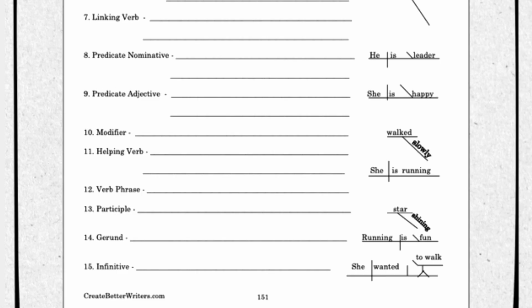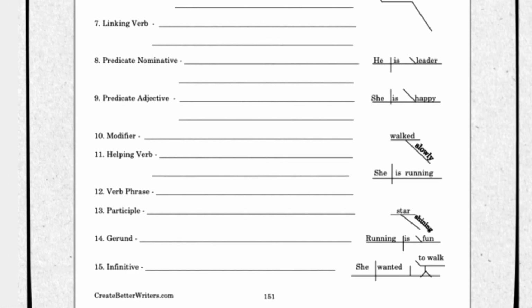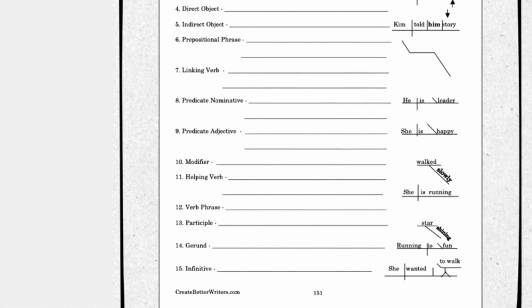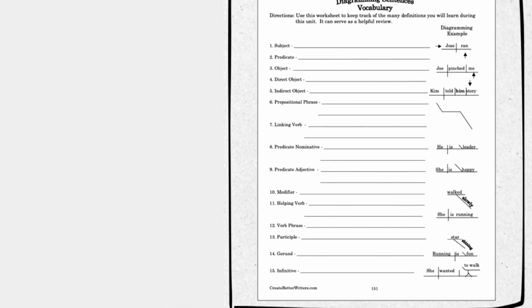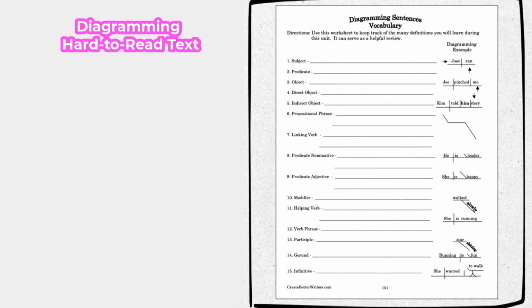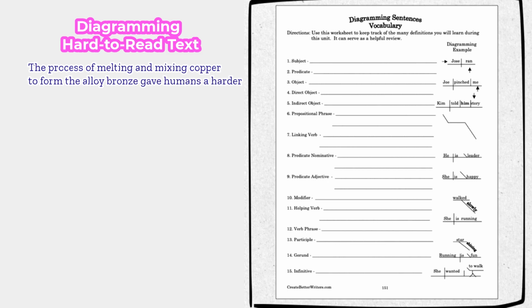It really comes in handy because when we're reading something in science or social studies and we come across something really difficult, it can be really helpful to unpack the sentences by diagramming. And you can see just how sentences are put together, especially in academic situations.